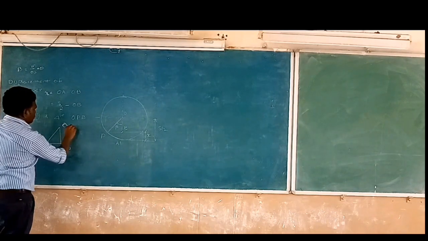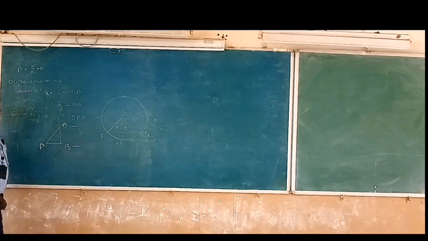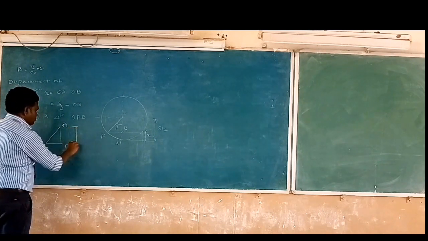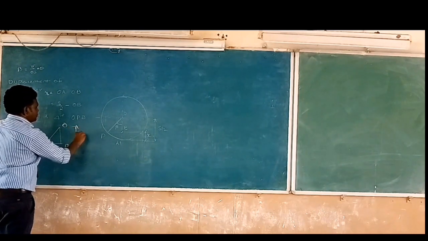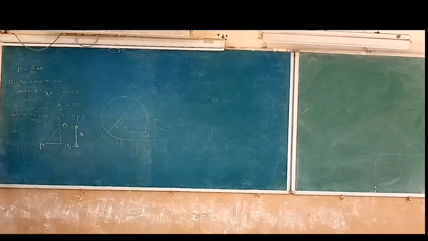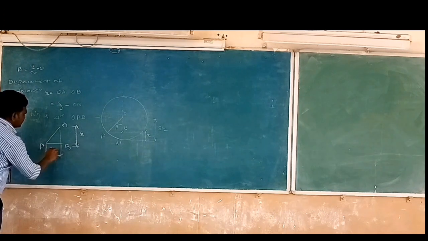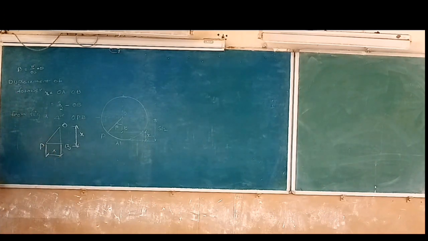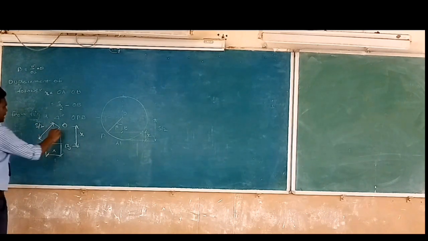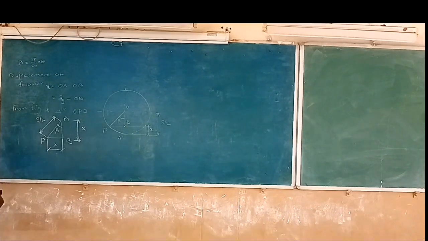So from O to B, the distance we don't know, this value. Now from P to B, distance we don't know. Now from O to P, this distance is equal to S by 2 and it is having an angle of beta.